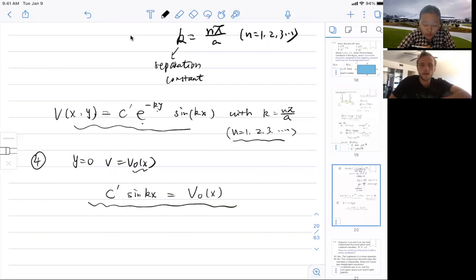You might wonder, well, to make them match, does that mean I have to set my bottom wall to be a sine function? It doesn't seem to be the case because I can build this setup however I want, because I can always ground the left wall and the right wall.